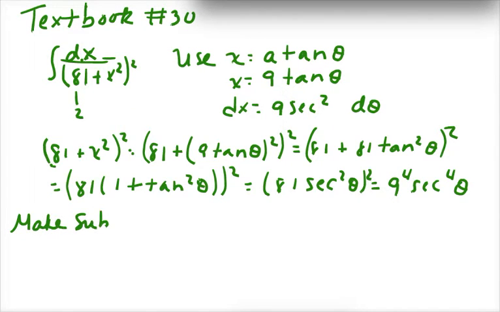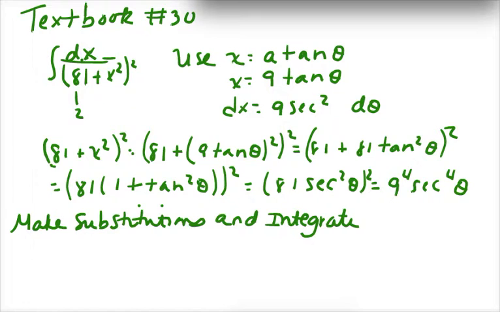Make your substitutions and integrate. That's 9 secant squared theta over 9 to the 4th secant to the 4th theta d theta.